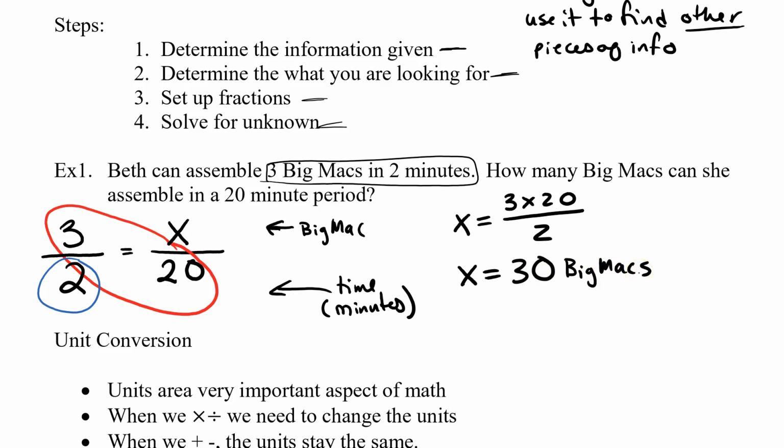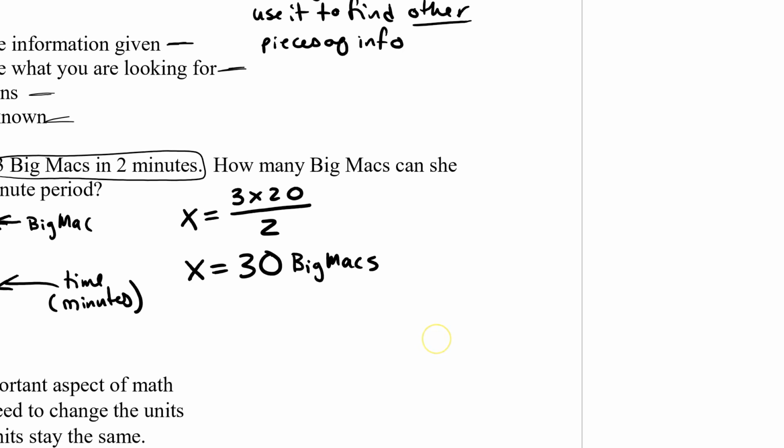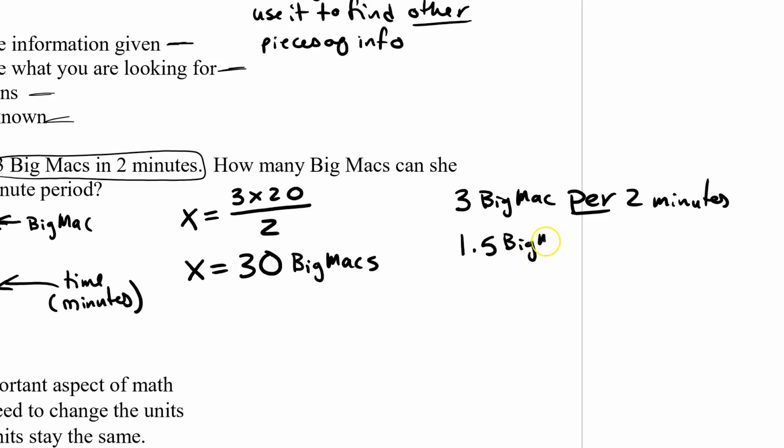Another method that we can use to figure this out is we can figure out how many Big Macs per minute. So if I say 3 Big Macs per 2 minutes, I can say 1.5 Big Macs per minute, per 1 minute.